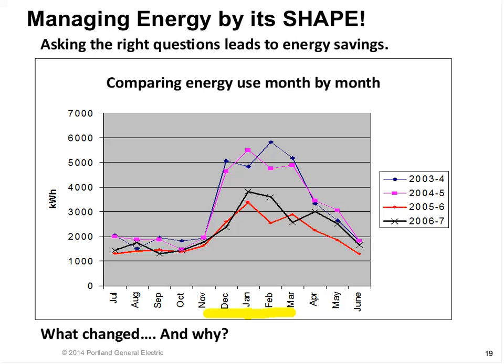And what you've got is 2 winters that are 2003 through 2005 that are up here for the winters. And then the other 2 winters, 2005 through 2007, are down here. And that's a pretty big difference in winter bills.